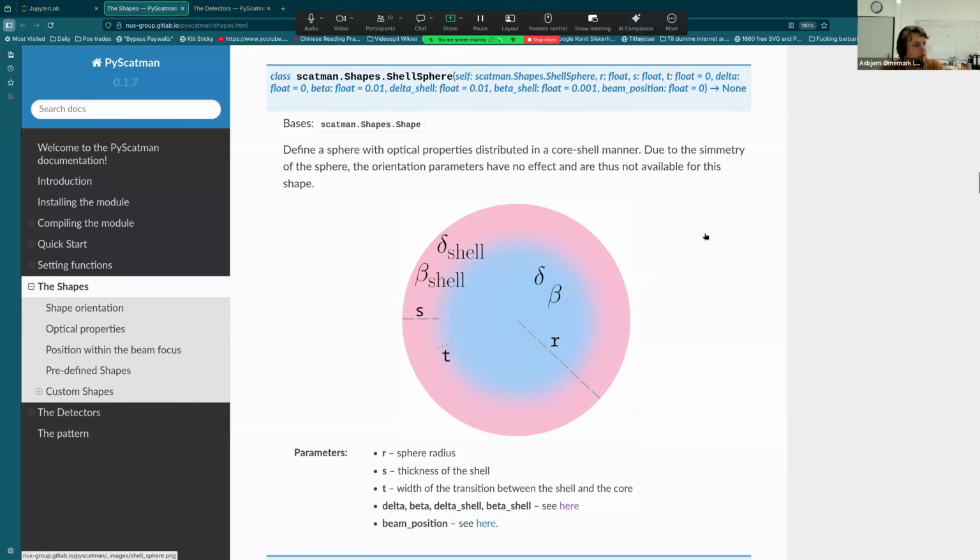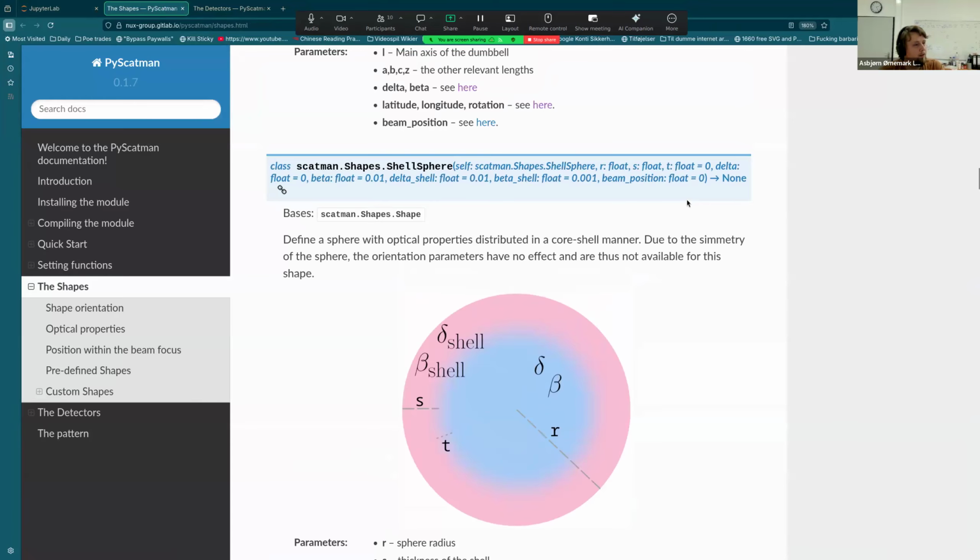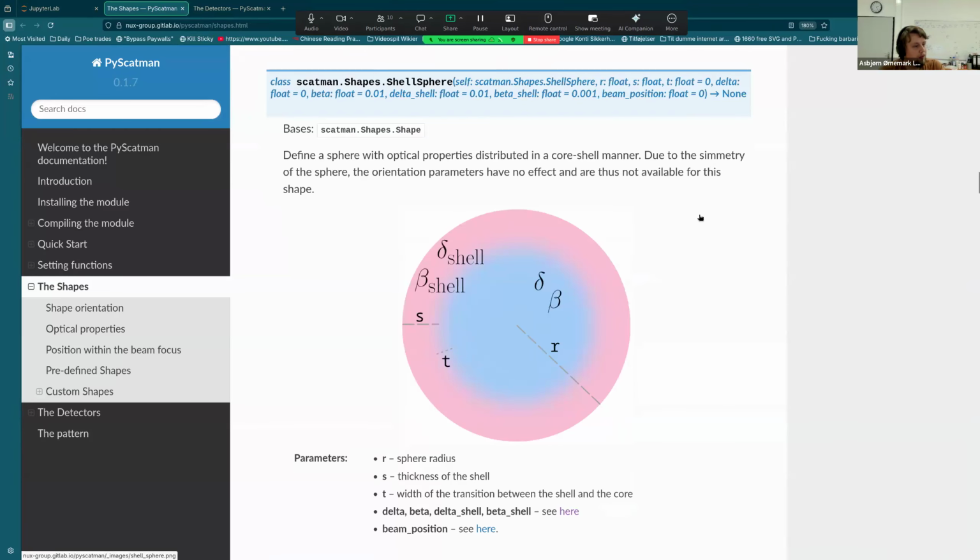If it looks like this, then the hard sphere is just you set the sphere radius to something, and then you set the thickness of the shell to 0, and you set this transition width also to 0. This is thus determining how smoothly these two things transition from one another.